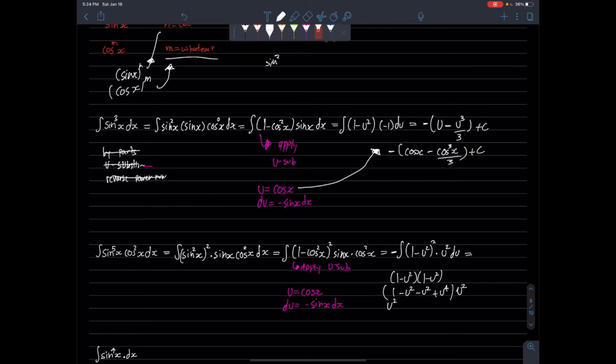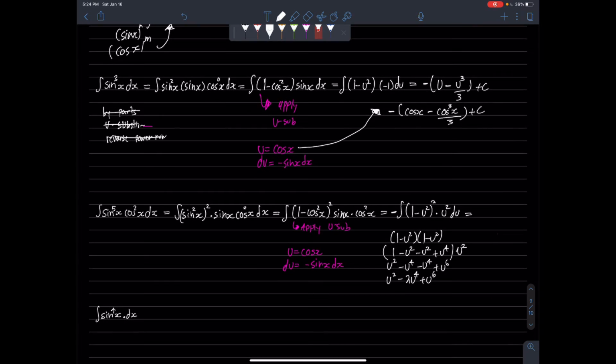So you're going to have u squared minus u to the 4 minus u to the 4 plus u to the 6, u squared minus 2 u to the 4 plus u to the 6. So now let's rewrite this here.